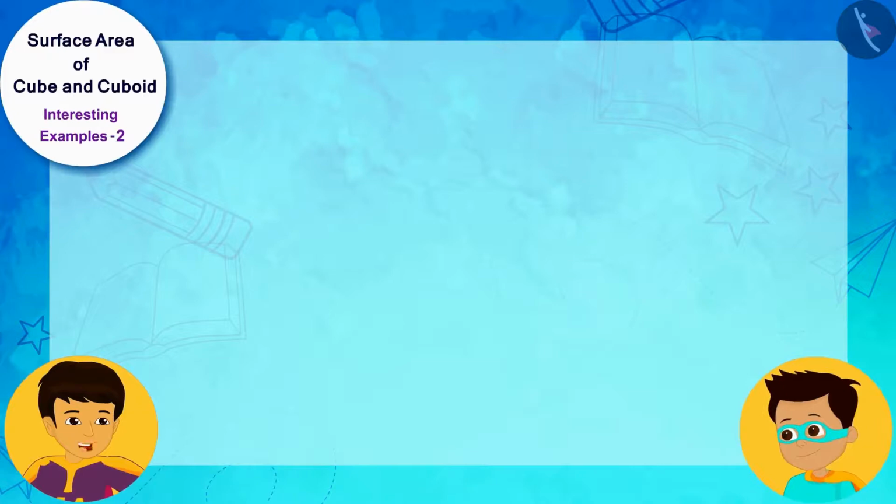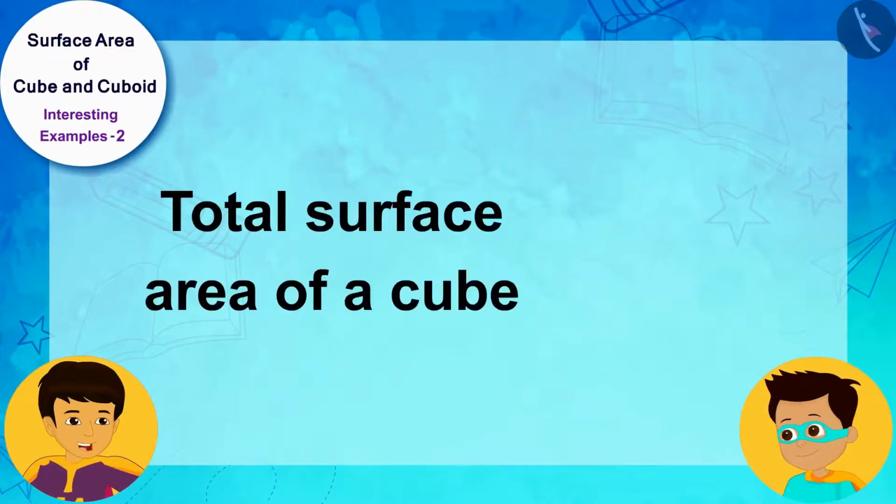Yeah, good. The formula for the total surface area of a cube is 6 times the square of the measurement of the sides of the cube.